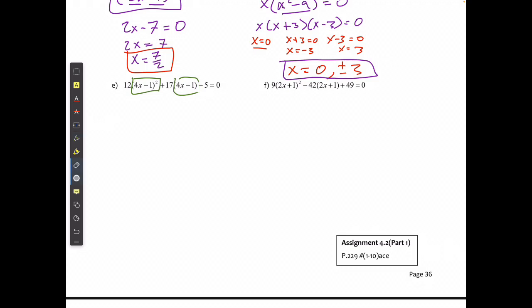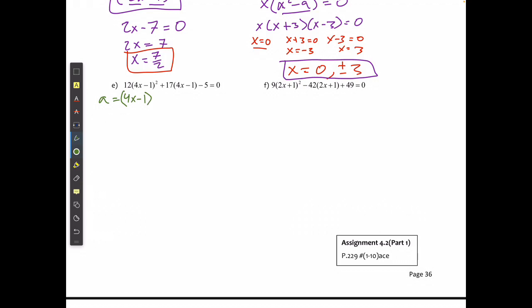In order to make my life easier, I always just choose to substitute in a variable that represents this binomial. I typically say a is going to equal 4x minus 1. Why do I want a to equal 4x minus 1?